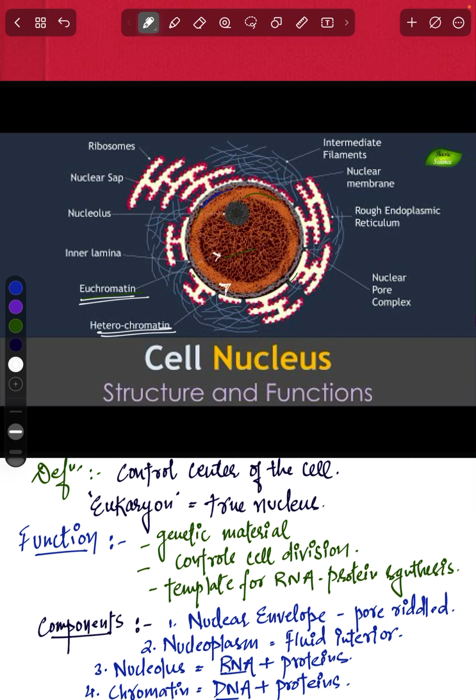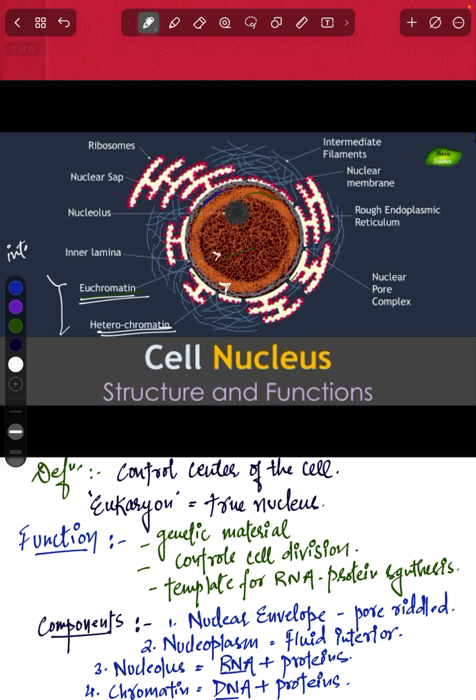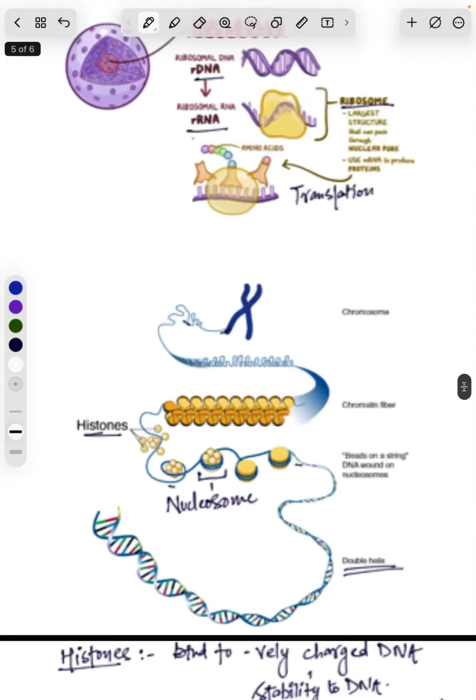So chromatin is differentiated into 2 regions during interphase and early prophase only. These are seen only in the interphase state, which is the longest stage, and the early prophase stage. So what we see is euchromatin is lightly staining and heterochromatin is densely staining.